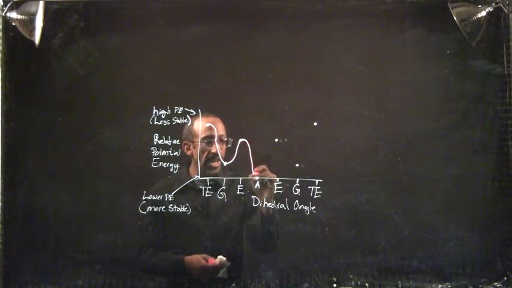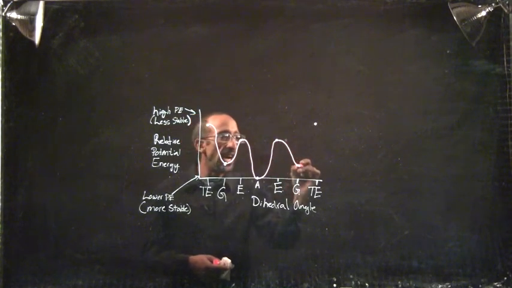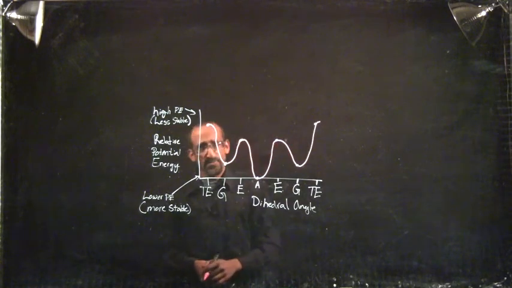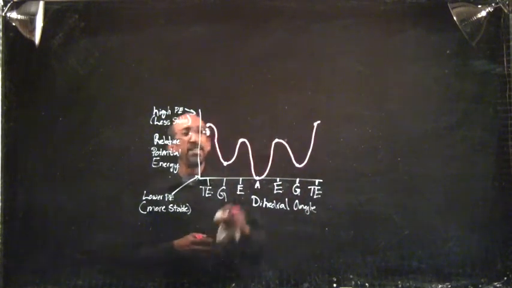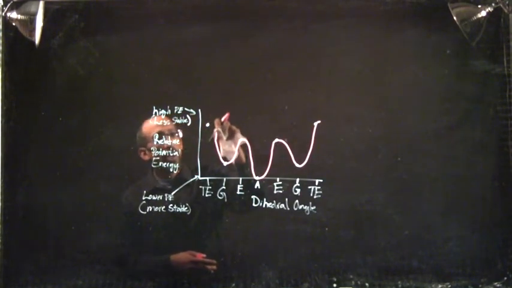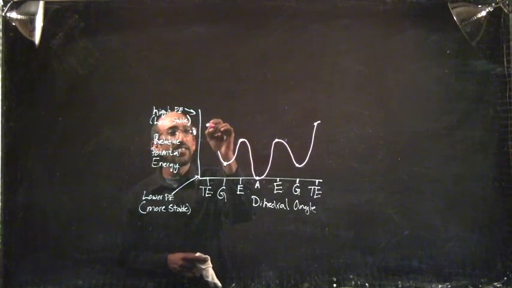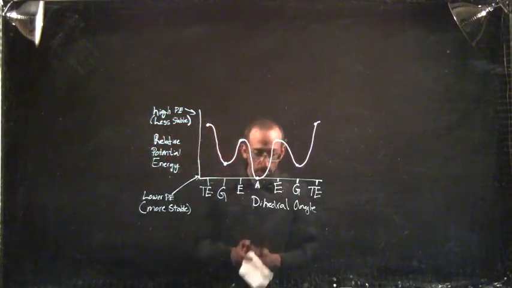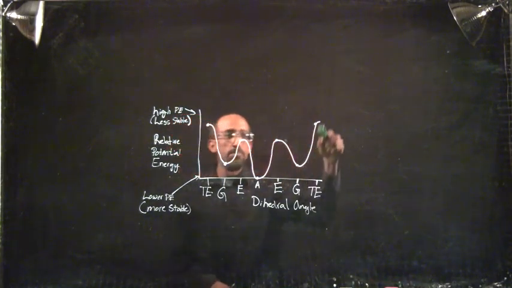We would curve down, curve up to our eclipsed, curve down to our gauche, and finally curve up to our totally eclipsed. This is by no means beautiful, right? I don't expect what you produce for me to be completely beautiful, but I do expect to see curves and not sharp points. So what I'd like to see is what I've shown here in pink.